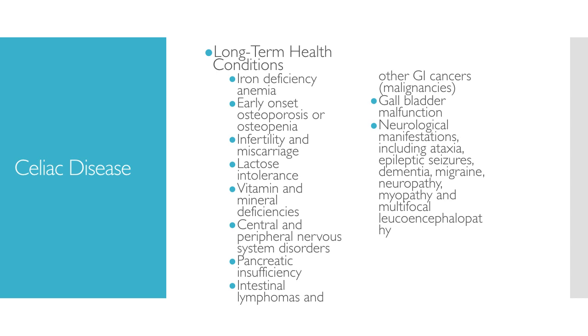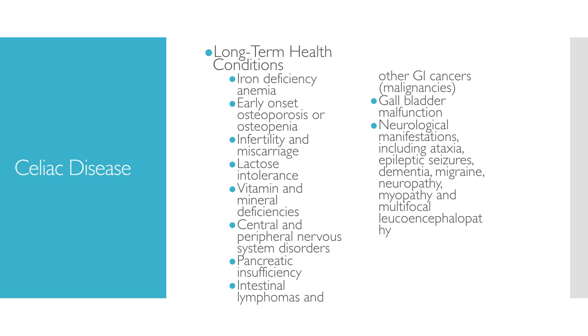They may have infertility and miscarriage later when they decide to have children. Lactose intolerance also goes along with celiac disease, and so they have to be careful and make sure that as they're doing their workup that they don't have that as well.